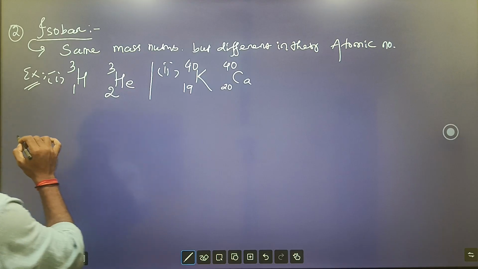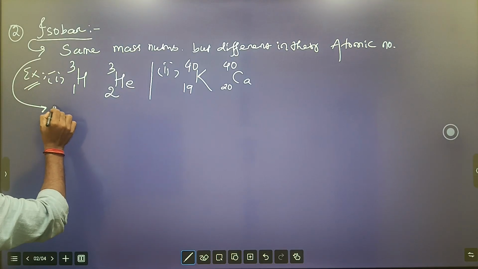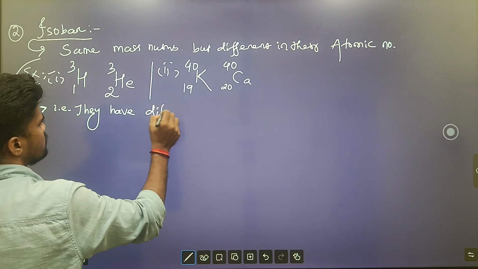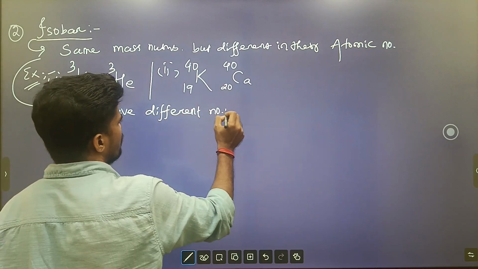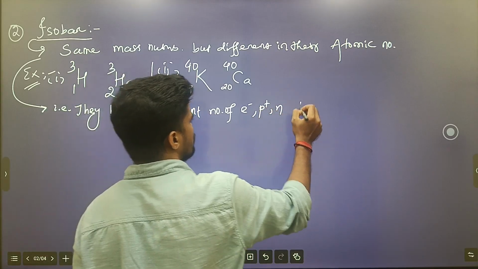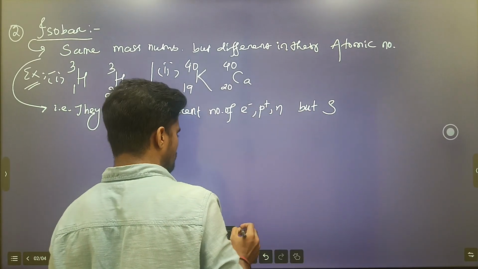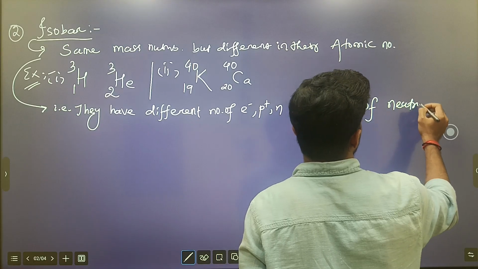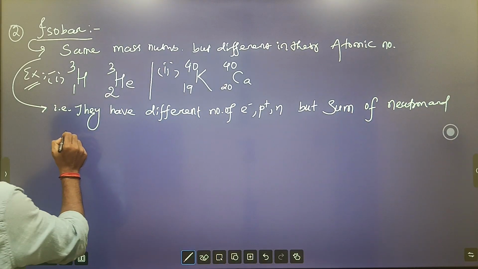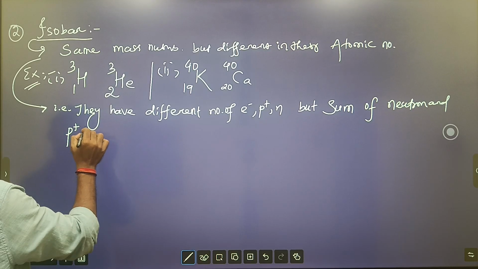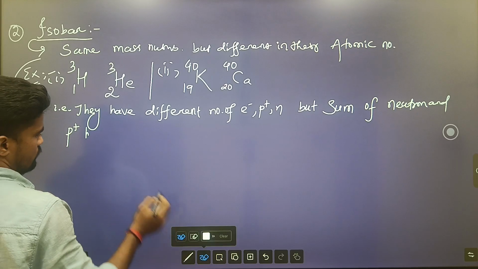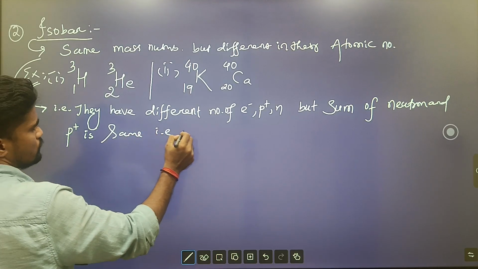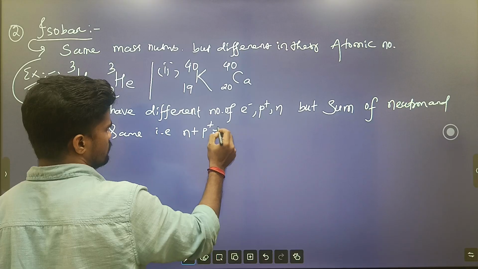So one thing we observe is that they have different numbers of electrons, protons and neutrons, but the sum of neutrons and protons is the same. That means n plus p is the same.